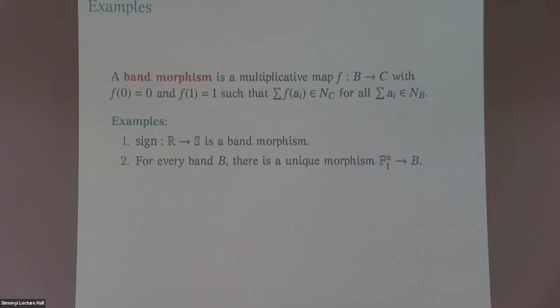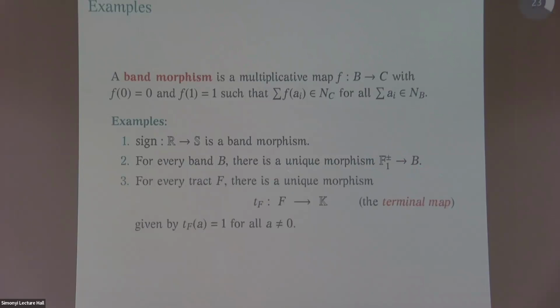And similarly, we have a terminal object for tracts. This is more interesting, which is the Krasner hyperfield. For every tract F, there's a unique map to K that maps every non-zero element to 1.